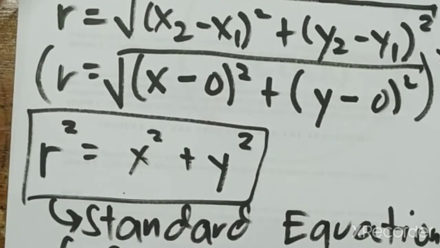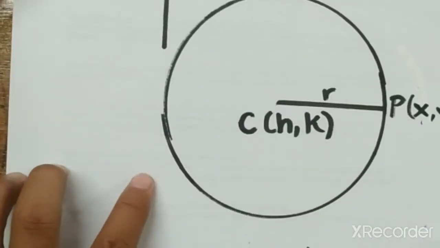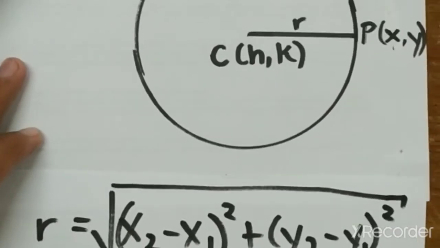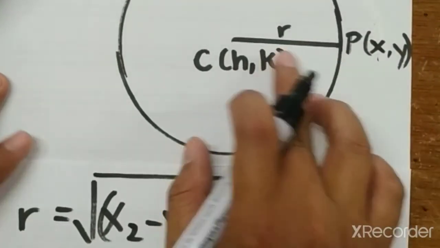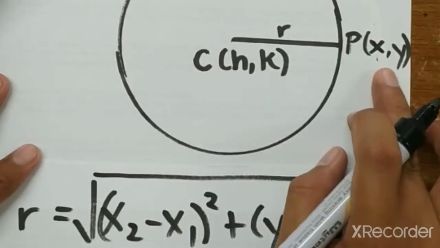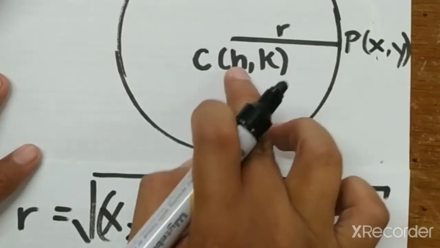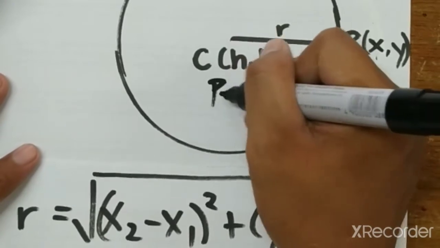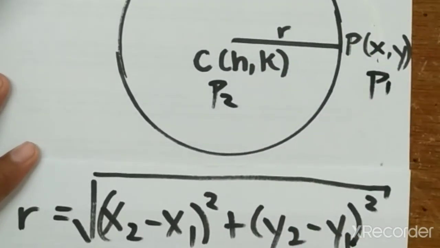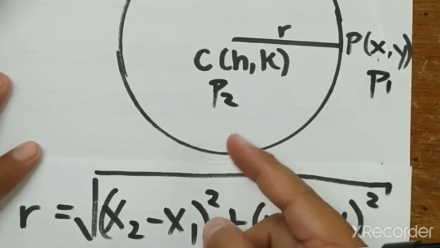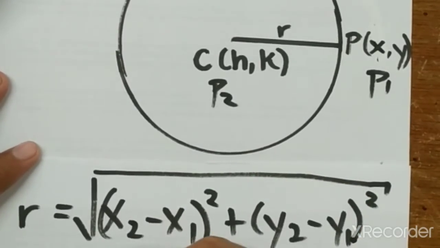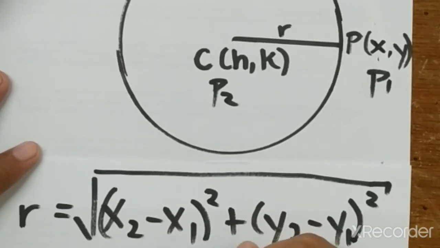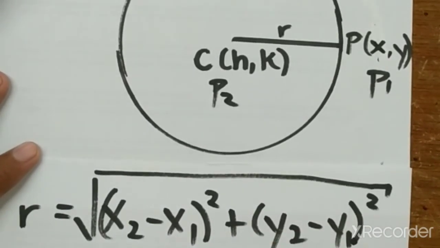Okay? So next is our circle with center at (h, k), not at origin. So we have two points. We have the (h, k) and the (x, y). Assuming that this will be our point 2 and this will be our point 1, we can have that as the square root of (x minus h) squared plus (y minus k) squared.